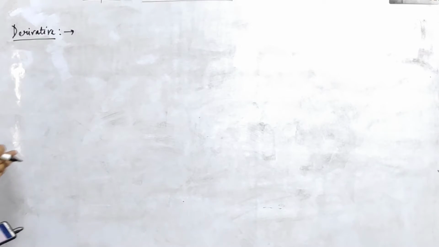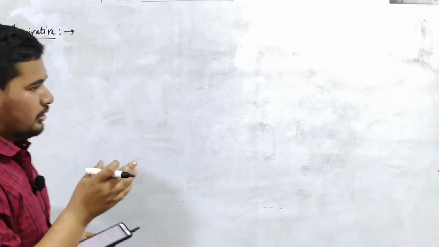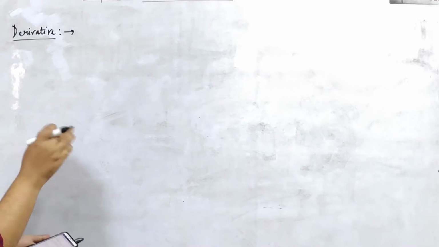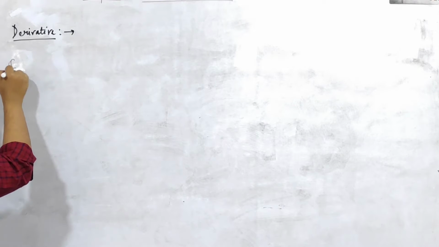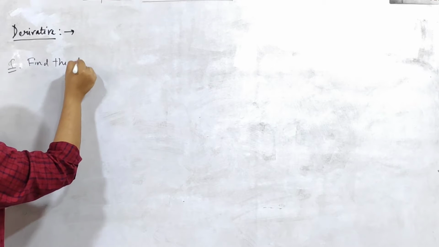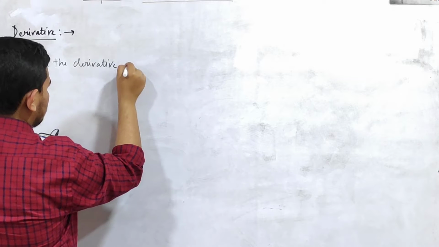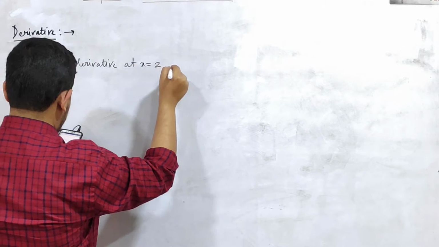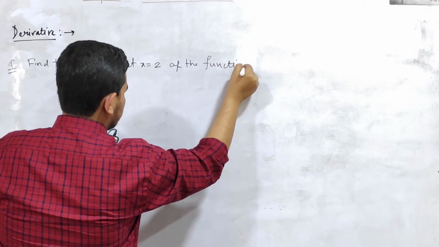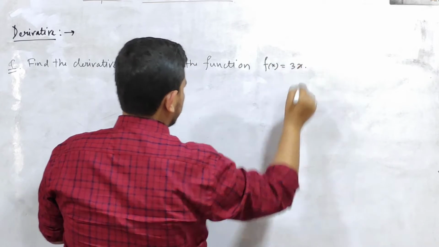So now, as I have already discussed the theory, to give you a better idea of what a derivative is, I am going to take an example which is similar to the theory, which is: find out the derivative at x equal to 2 of the function f(x) equal to 3x.